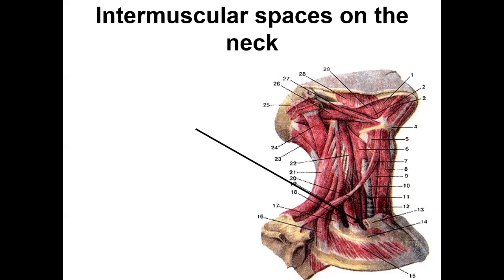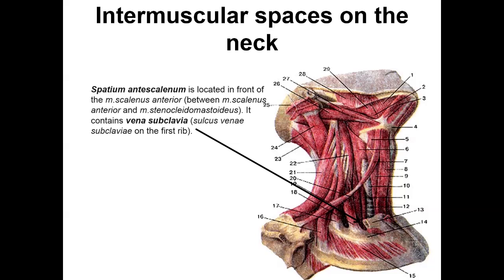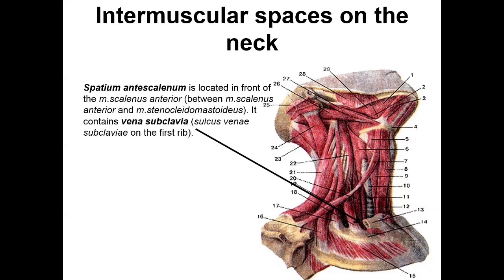It's between the clavicle, which was cut, and musculus scalenus anterior. So what is it? It's spatium antescalenum, anterior to musculus scalenus anterior. We can say that it is located in front of the musculus scalenus anterior. Here it is, musculus scalenus anterior.